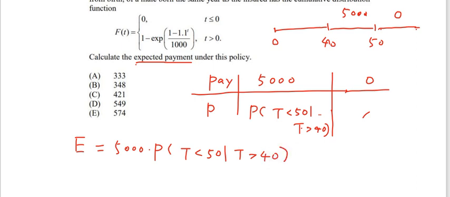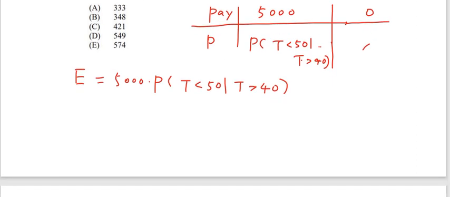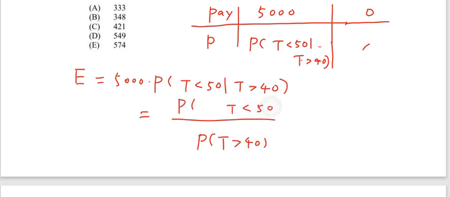So here we just need to find this probability. This probability equals P(t between 40 and 50) divided by P(t larger than 40), right?